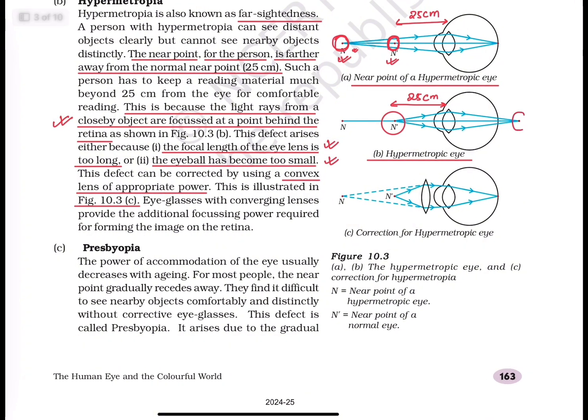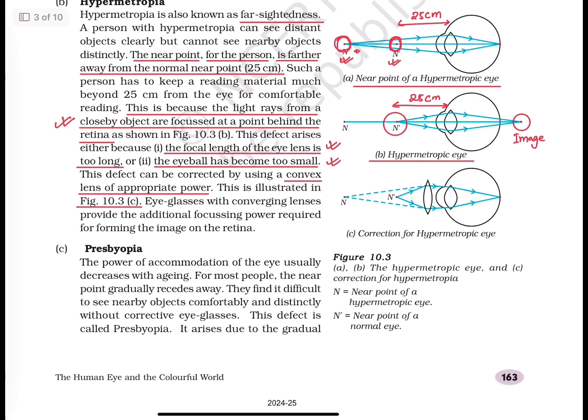This is the place where the image is produced, right? The image is produced behind the retina, but the image had to be produced at the retina.